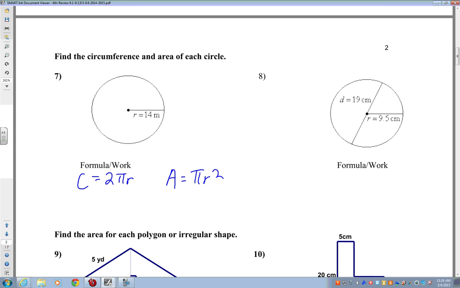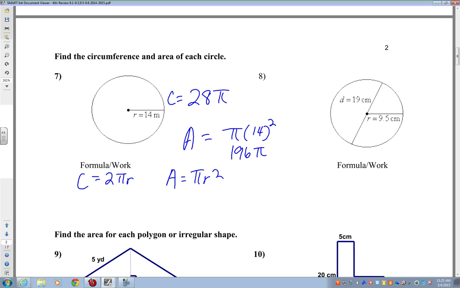Anyone have 7? Matthew. 28 pi. Questions on how he got that? We're on number 7. Now area. You would do pi times 14 squared, and 14 squared is 196, so you get 196 pi.